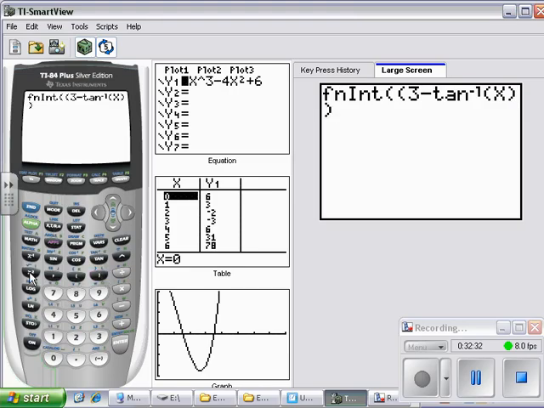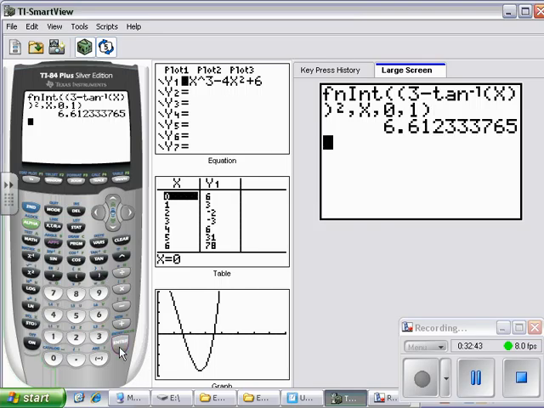I gotta make sure I square it, comma, x, comma, 0, comma, 1. So make sure you square that 3 minus arctan. And we get 6.612. Choice B.